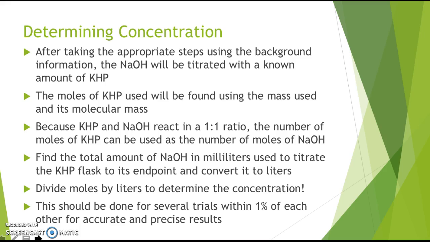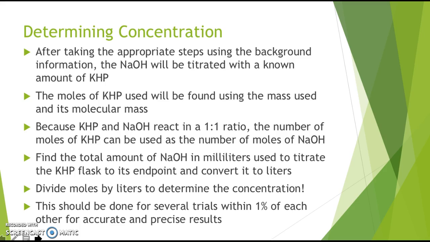To calculate the exact molarity of the sodium hydroxide, first calculate the number of moles of KHP in each flask using the weight of KHP in the flask and the molecular weight of KHP. Then calculate the total volume of sodium hydroxide used to titrate each KHP flask to its endpoint and convert the milliliters to liters.